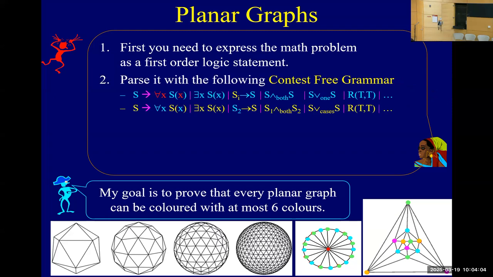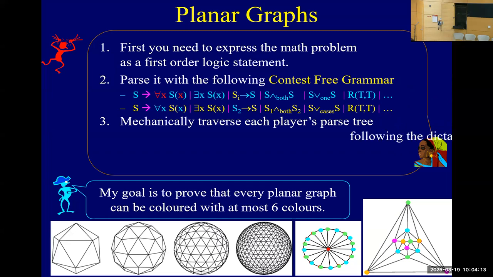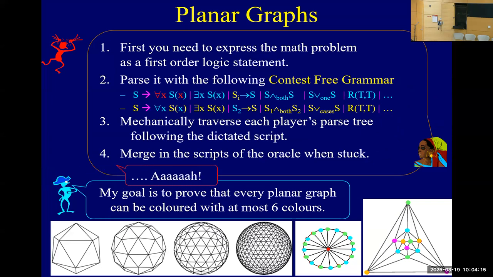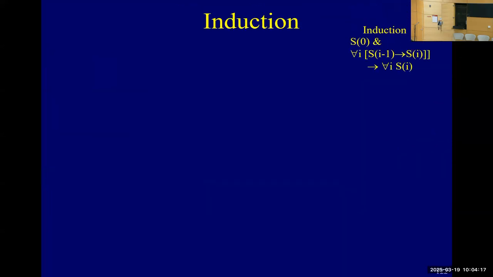And then you parse this thing with the grammar so you know how it looks, and you mechanically play this game. And that's all we're going to do. We're going to write down every first order logic sentence that we say, and make sure we know how to play the game for it. And then we're going to merge all those games together and get a proof for this problem.